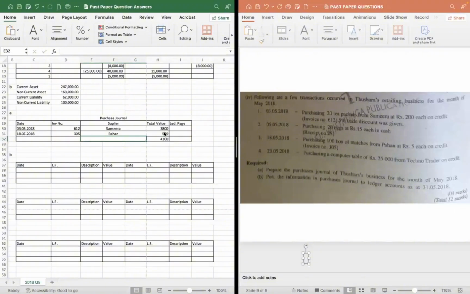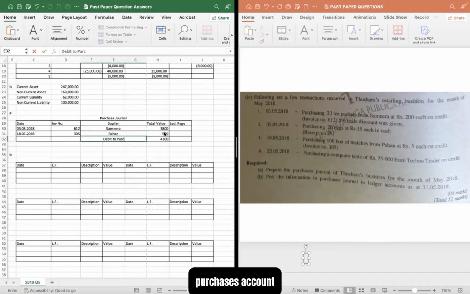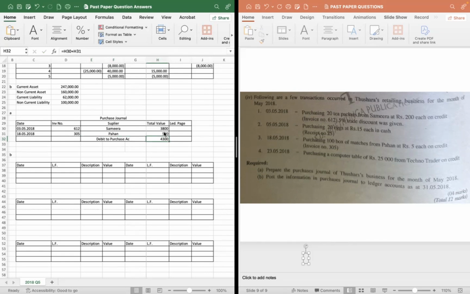Okay. So let's add them. Purchases account, we have to debit it at the month end.